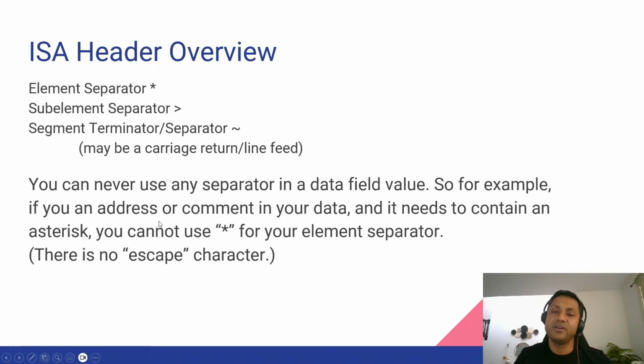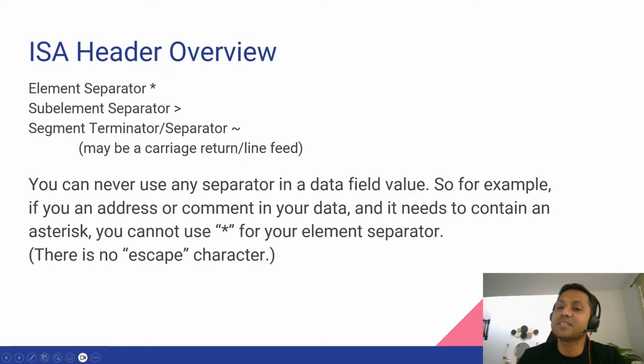Make sure the data within this ISA IEA shouldn't have these characters, because if these characters are there, the parser would assume there is either an element separator or a segment terminator, and there might be an issue with the parsing of that file. So make sure they are never used within the data field.